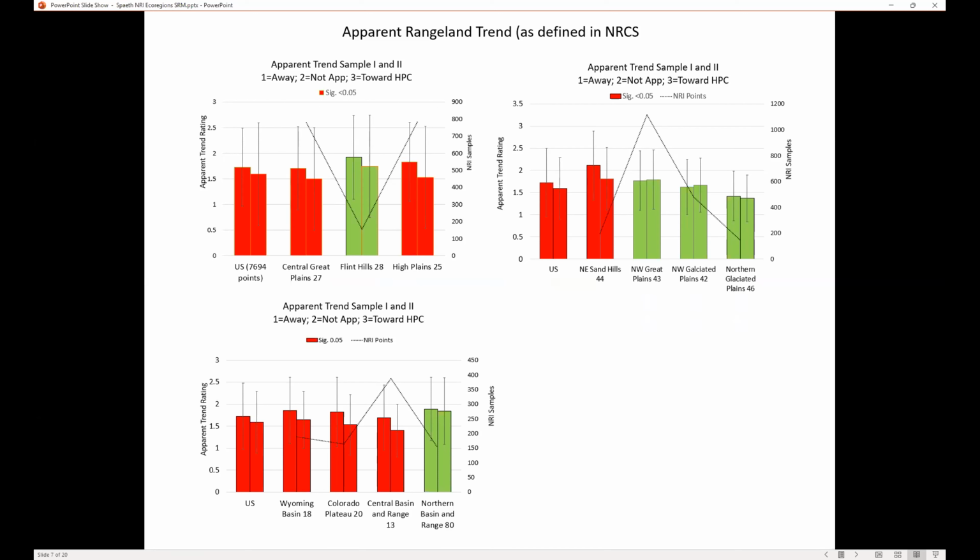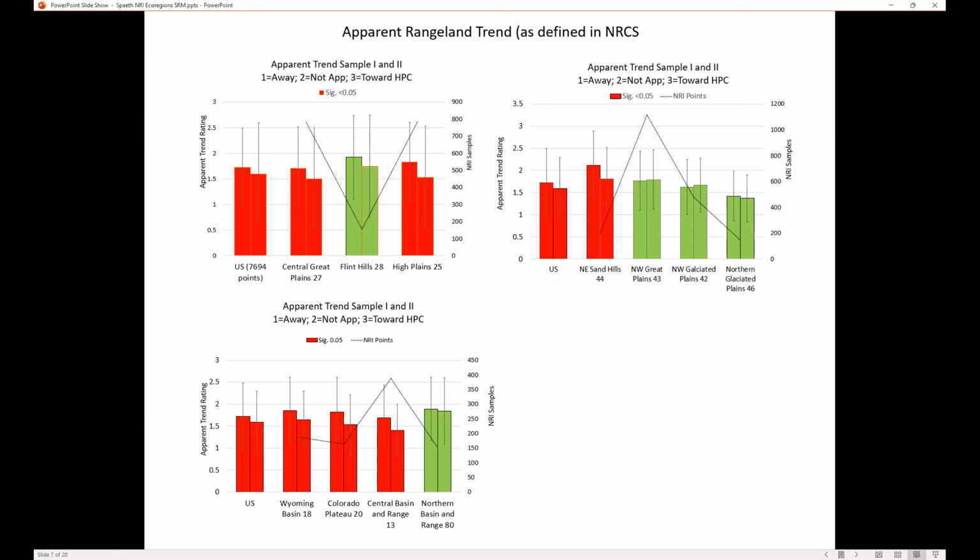It's typically not followed up with any quantitative measurements in the field, although you can do quantitative measurements based on canopy cover or production and get some kind of a feel for what the apparent trend is.